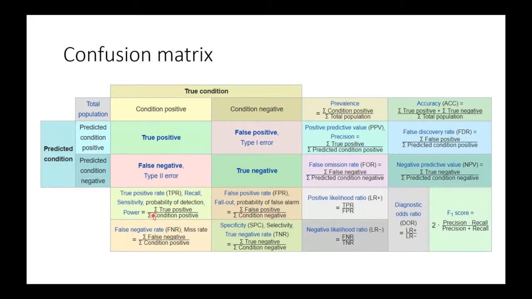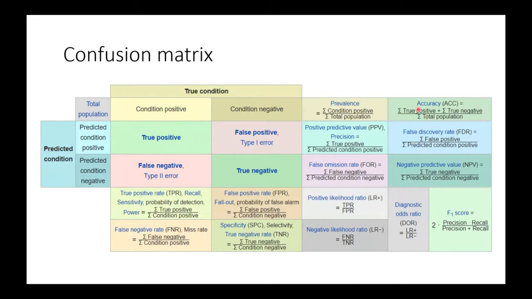Whereas you have false negative rates, you have false positive rates. Specificity is another metric, the complement of recall, also known as sensitivity, with the rate of true negatives divided by the sum of all conditions negative, all the answers that are negative.